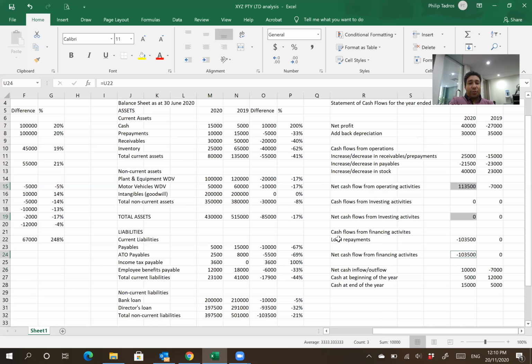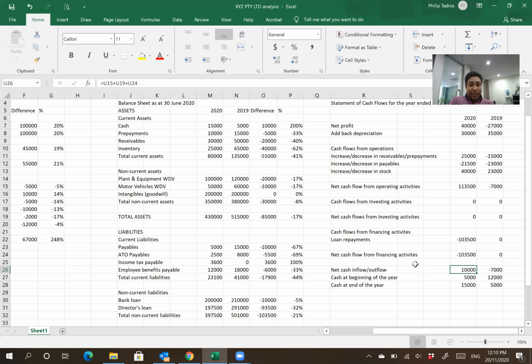In this case, for XYZ Proprietary Limited, the net cash inflow or outflow is a positive amount of $10,000. So we tell the director or the owner of the business that all of these movements in the balance sheet have resulted in a net cash inflow for the whole year of $10,000.